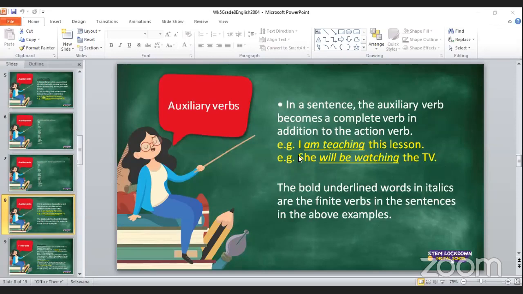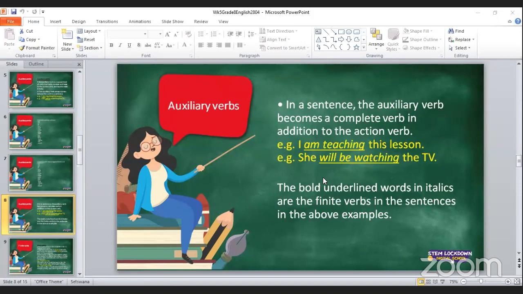So those two examples which I gave were to show you how an auxiliary verb becomes a complete verb when we add it to the action verb. So the ones which I've underlined and wrote in italics, that is a complete verb, and that complete verb is made up of an auxiliary verb and an action verb.